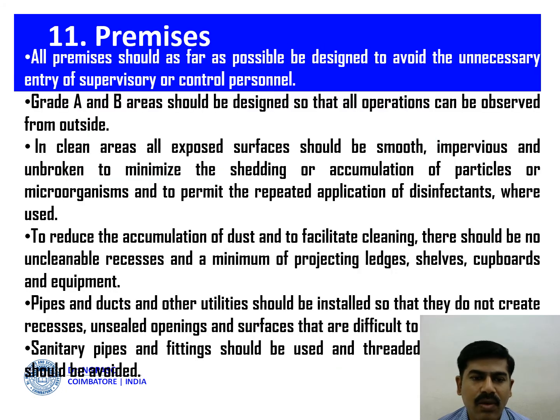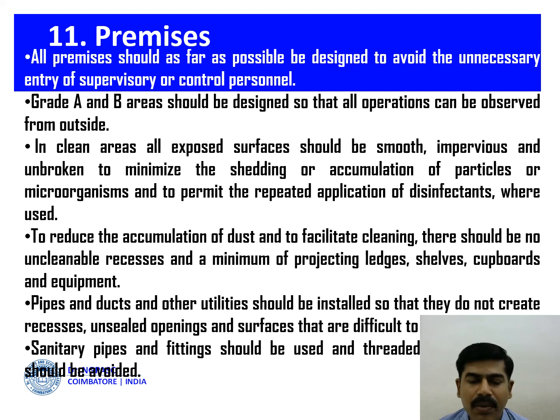All premises should, as far as possible, be designed to avoid the unnecessary entry of supervisory or control personnel. Grade A and B areas should be designed so that all operations can be observed from outside. In clean areas, all exposed surfaces should be smooth, impervious, and unbroken to minimize the shedding or accumulation of particles or microorganisms and to permit the repeated application of disinfectants where useful.